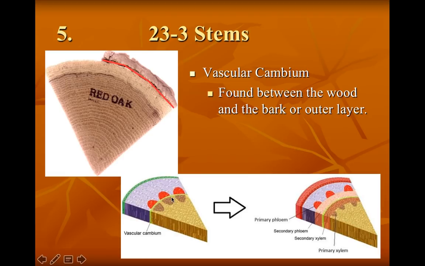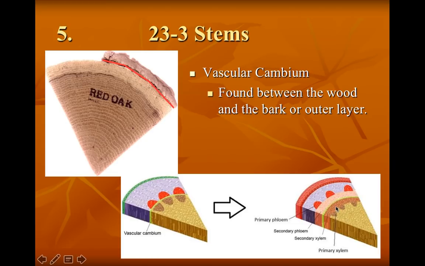As this plant gets bigger, more xylem and phloem are grown on either side of that vascular cambium. That was the primary phloem that was first made when this plant was young. But as it gets older, more and more phloem is grown deeper to that primary phloem. On the other side of the vascular cambium, you have more xylem being produced.